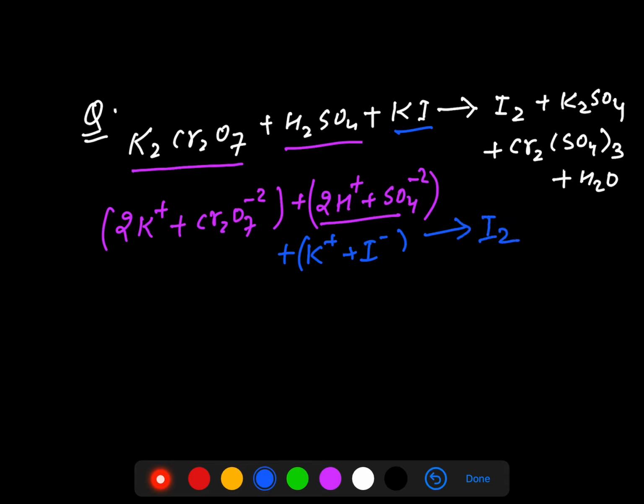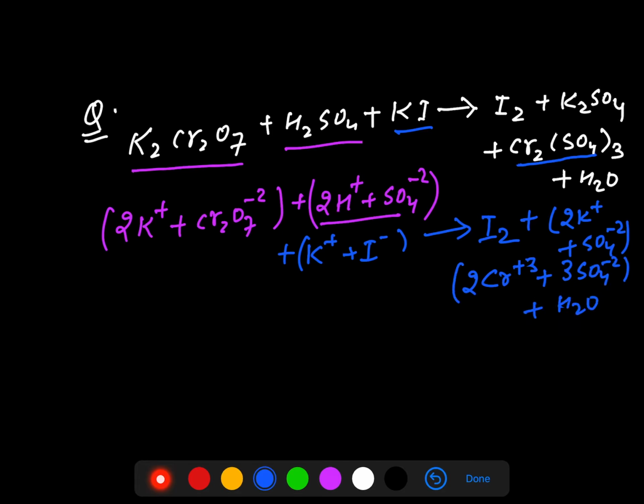I2 cannot be ionized, that's a covalent molecule. K2SO4 can be ionized into 2K plus and the sulfate ion. Similarly, Cr2(SO4)3 can be ionized as 2Cr 3 plus and 3 sulfate ions. Water cannot be ionized.